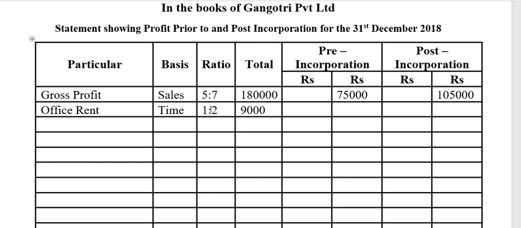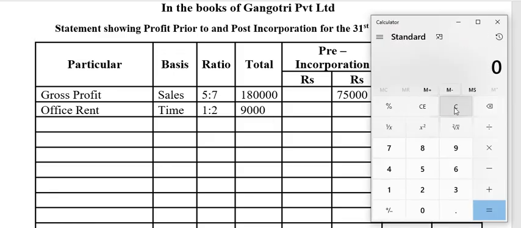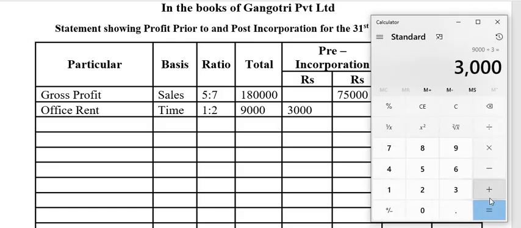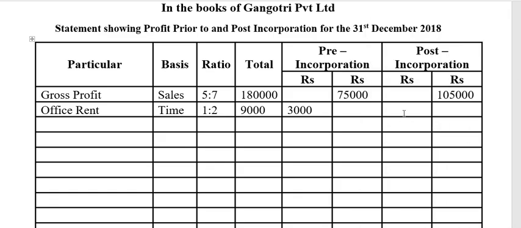The total office rent is 9,000, so distribute 9,000 on the basis of the time ratio. 9,000 multiplied by 1 divided by 3 gives 3,000, the office rent of pre-incorporation. For post-incorporation, 9,000 multiplied by 2 divided by 3 gives 6,000.